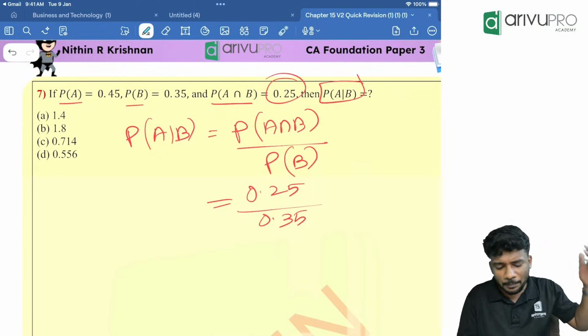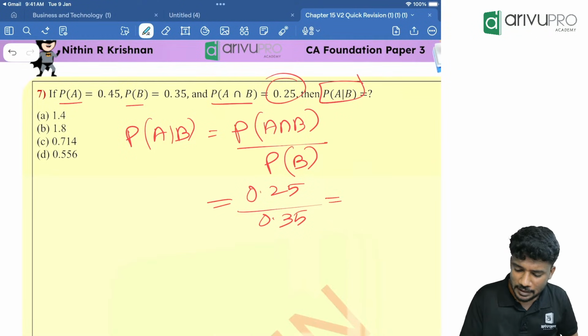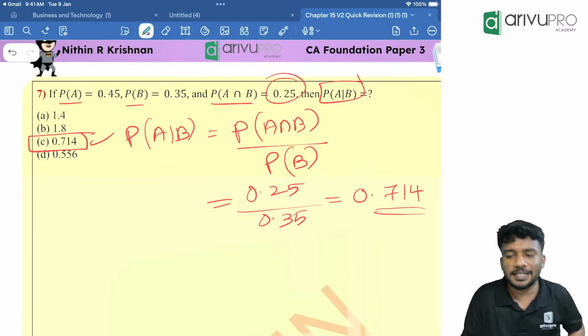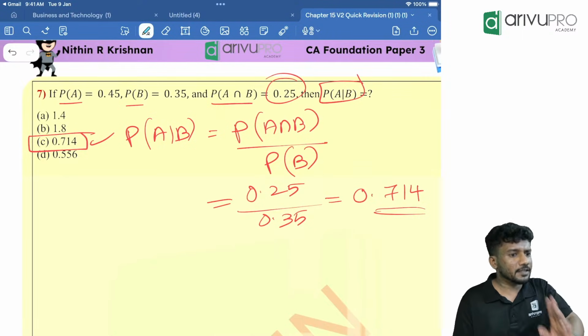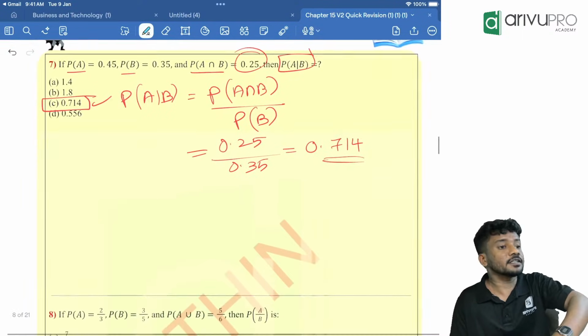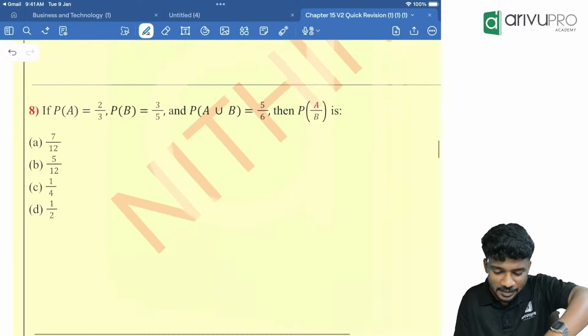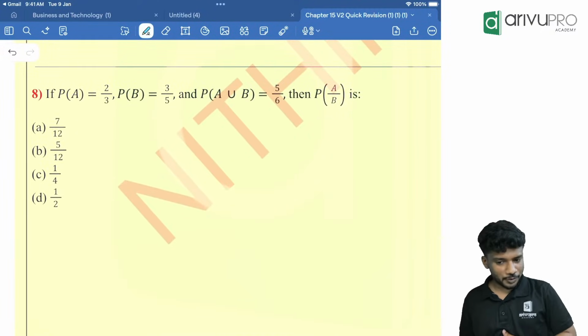Get your calculator, people. Get me the answer. Option C, 0.714. Option C is your answer. Everyone got the same answer, people? Any other answer? Please tell me. Arnav, you are getting it? Yes.